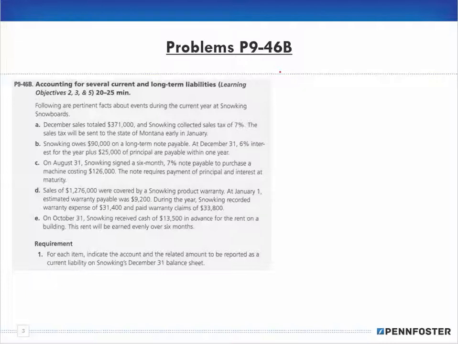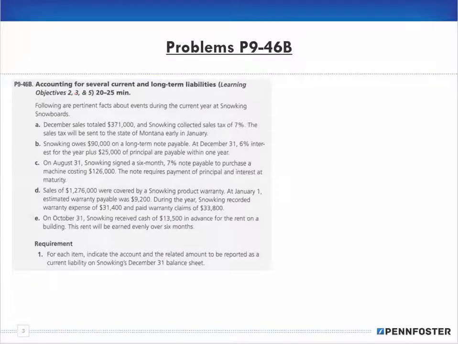Something like accounts payable, which is only 30 days, falls within that time frame, so that's a current liability. If the note is 30, 60, 90 days, obviously that falls within that year period. And if the note is, say, a 2-year note, well, then 1 year of that 2-year note is the current portion of that note. Right?